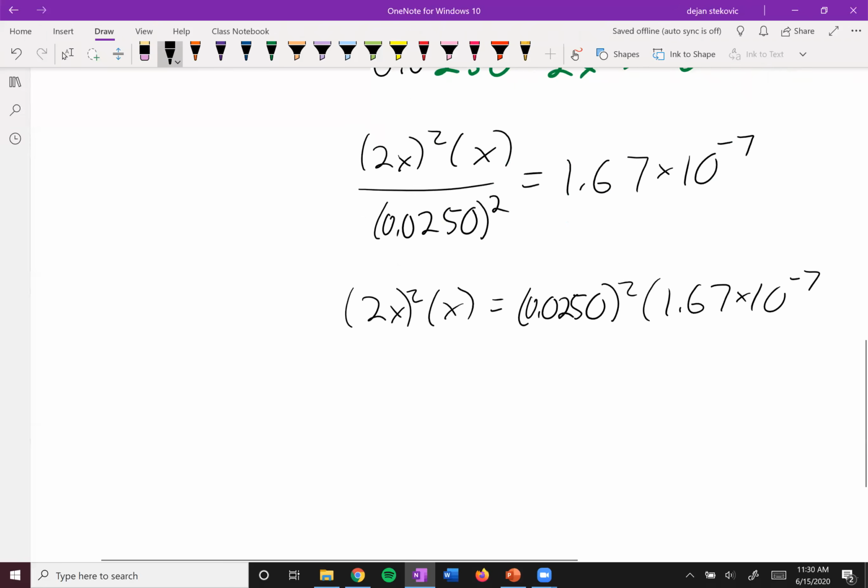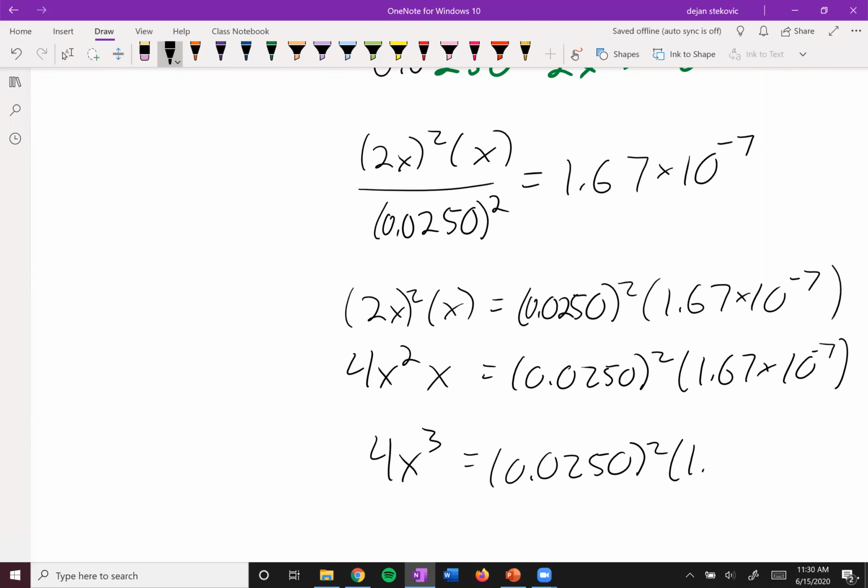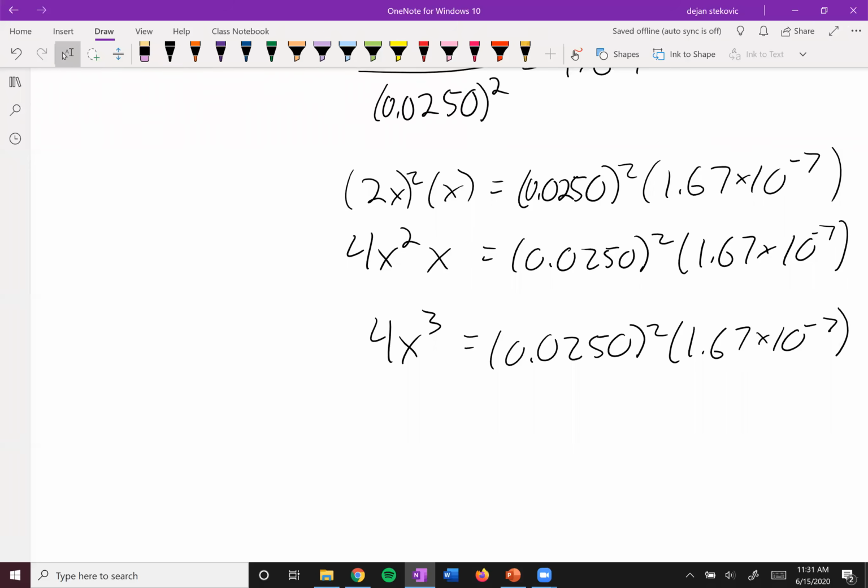And then we have to think about what this left side is going to be. 2x squared is going to be 4x squared times x. So then this ends up being 4x cubed. And then to solve for this, we're going to divide both sides by 4 and then take the cube root of both sides to get x by itself.